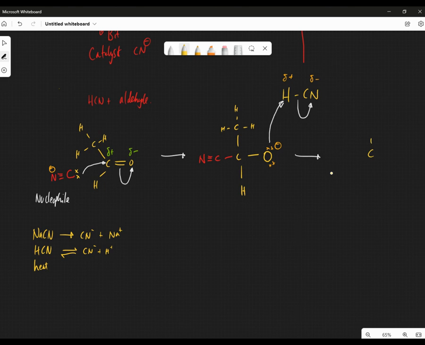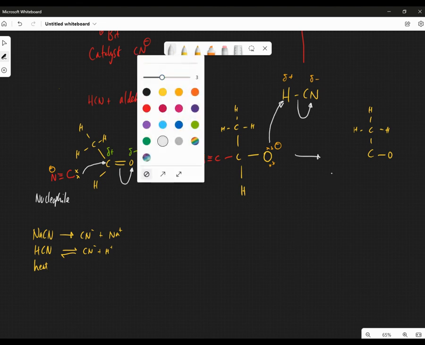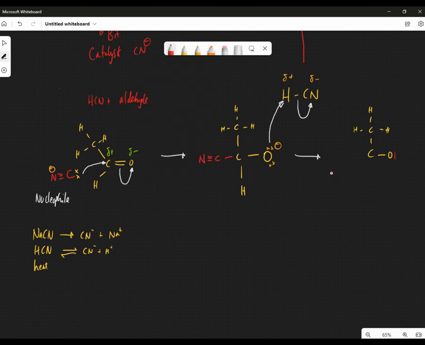We get CH3, C, OH, with a new H, and the CN here. And what goes down the bottom? My original H. And look at what happens up here: we get CN minus with this lone pair, because that's what this forms. We started off with CN minus, and we end up with CN minus.